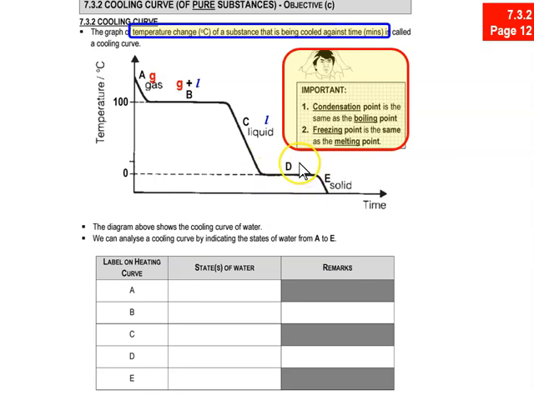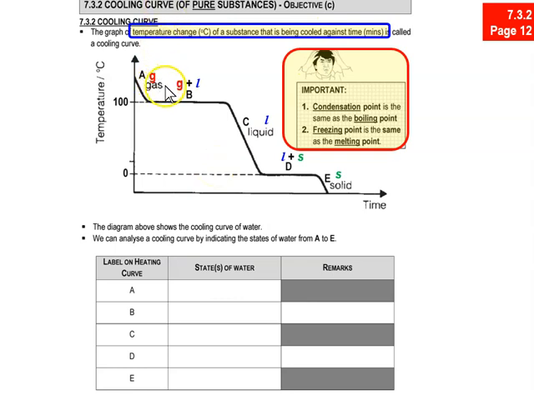So therefore, in a change in state, there will be a mixture, and since we are talking about liquid to solid, D will be liquid and solid state as well. And after the freezing point, which is at D, because freezing is from liquid to solid, E will be fully solid.